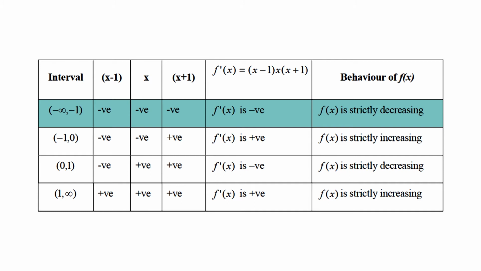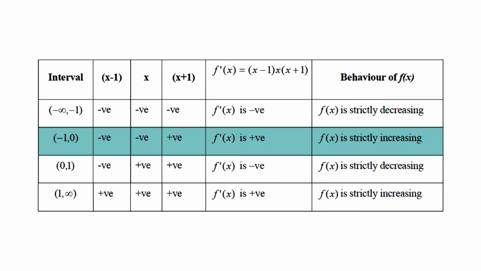Therefore, f(x) is strictly decreasing. In the interval minus 1 to 0, x minus 1 is negative, x is negative, x plus 1 is positive. So, their product is positive, so that f(x) is strictly increasing.